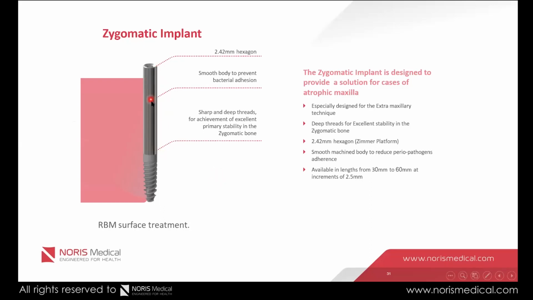It has a machined collar, one dimension, 4.2 millimeters all the way along, and what's actually entering the bone and being anchored in the bone is a sharp, deep thread geometry, which is a bone condensing and self-tapping implant, very much like the Tough implant.